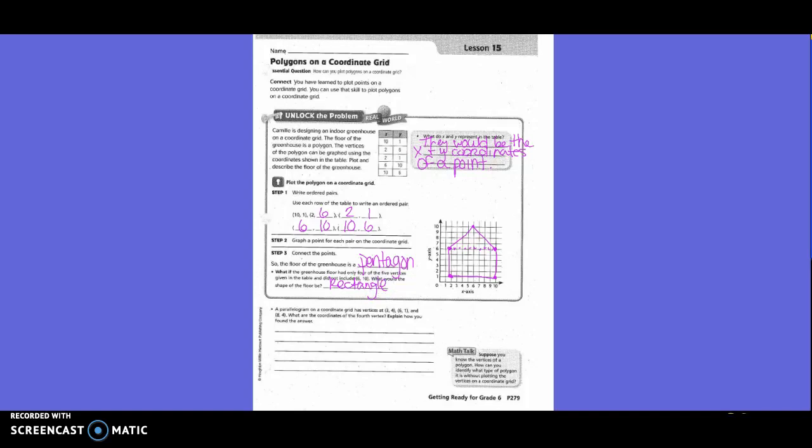A parallelogram on a coordinate grid has vertices at 3, 4, 6, 1, and 8, 4. What are the coordinates of the fourth vertex? Explain how you found the answer.